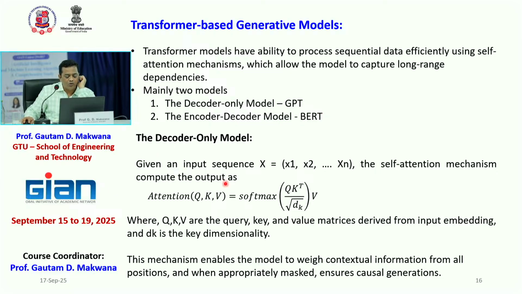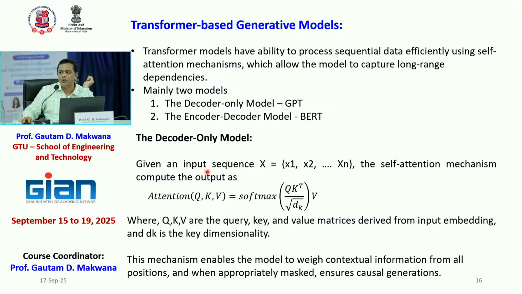In the decoder-only model, given the input sequence X, the self-attention mechanism computes the output as given by this equation, where Q, K, and V are the query, key, and value matrices derived from the input embedding, and d_k is the key dimensionality.